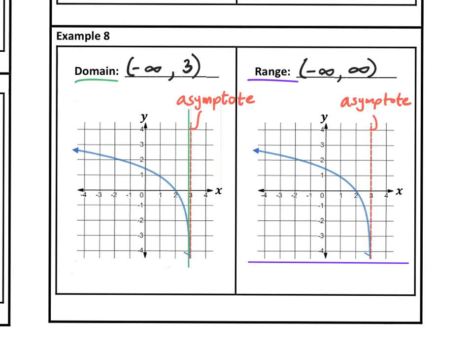What value does this boundary exist on? This boundary exists on 3, so that's my ending location. But why did we put parentheses instead of bracket? Because we said that the blue line will never touch the red line, so it'll never make contact with x equals 3.